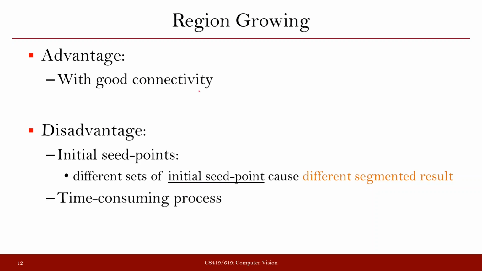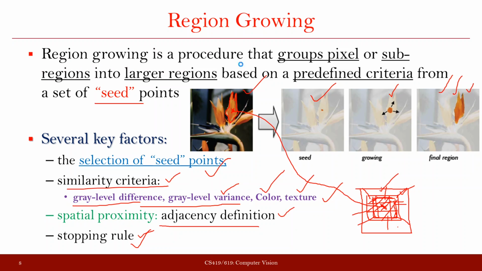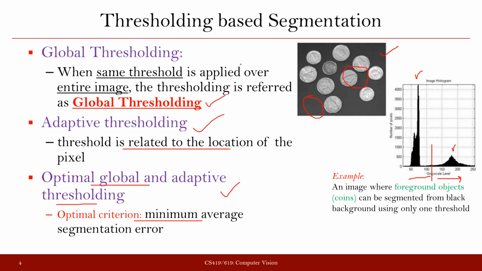One good thing with this technique is that we get a group of pixels which have very good connectivity. You can understand this from the case of the thresholding based technique. For example, if we are applying the threshold, we are not checking the connectedness of the pixels.